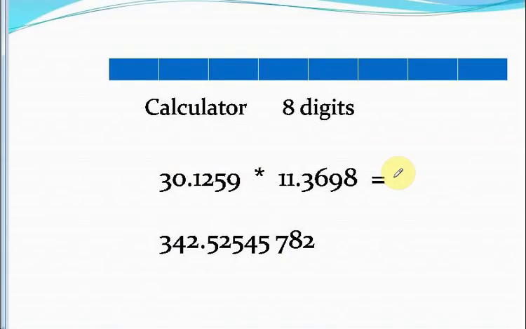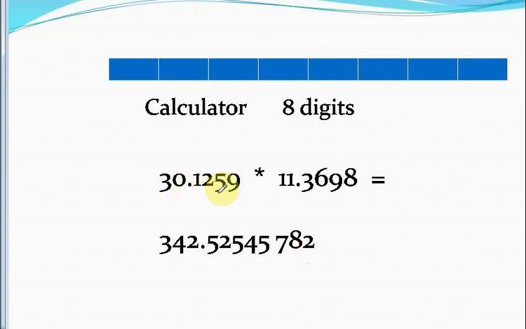To understand this concept, consider a calculator. It can display 8 digits. If we multiply 30.1259 with 11.3698, the answer will be 342.52545782.